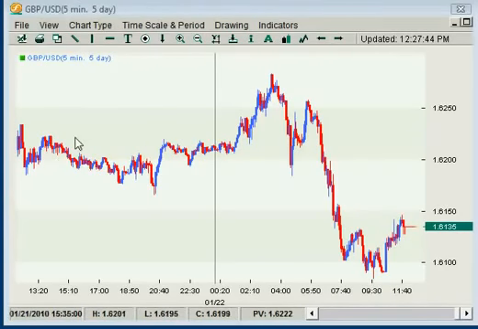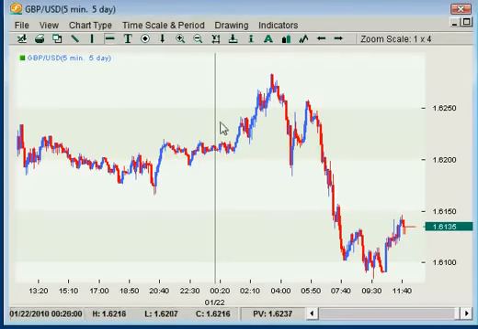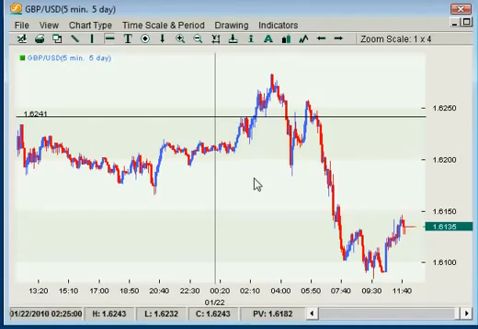So here we have the chart of pound-dollar. This is yesterday's end of North America and beginning of Asia. And as you can see, basically the highs from Asia are at around 62.40 or so, right over here. These are the highs that were made in Asia. We had a little bit of a retrace, and then the highs are made again.